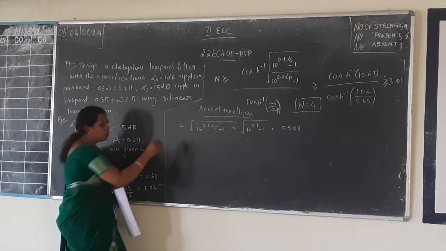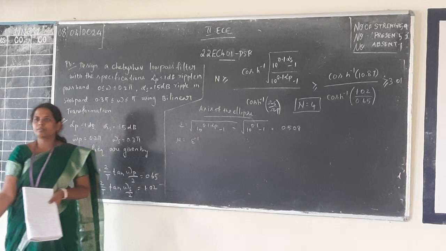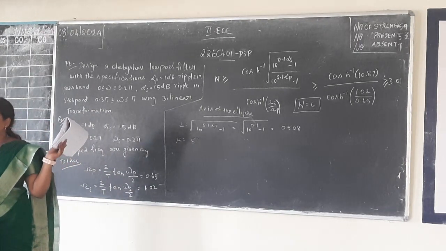We have to find out the mu value. So mu is epsilon power minus 1. Find out the mu value. The mu formula you already know, right?